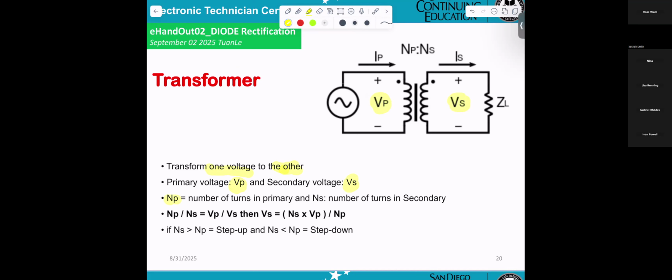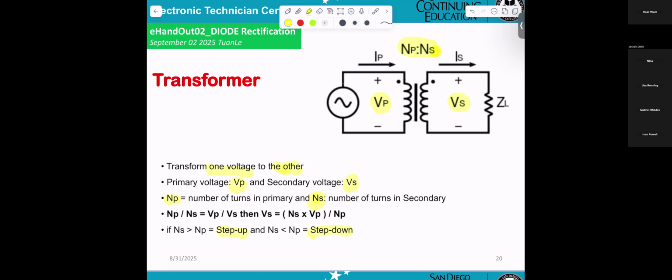NP, number of turns in the primary, and NS, number of turns of the secondary. NP over NS equals VP over VS. If NS is greater than NP, it's a step-up transformer. If NS is less than NP, it steps down.